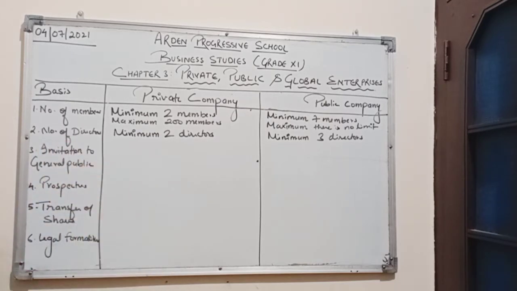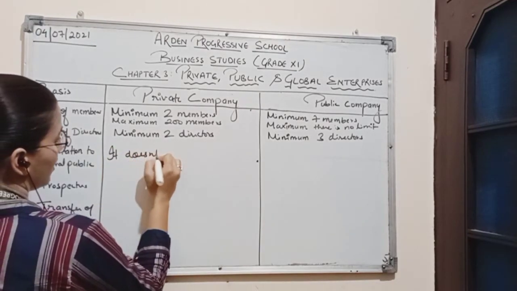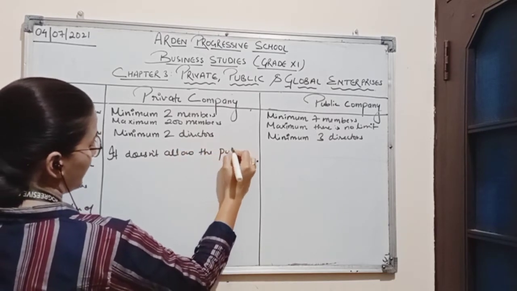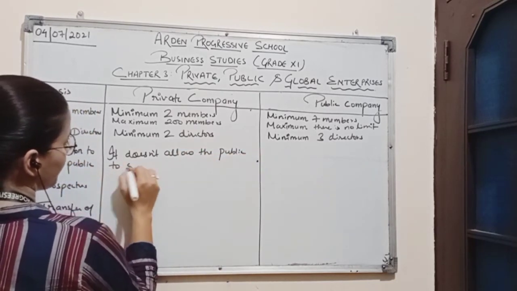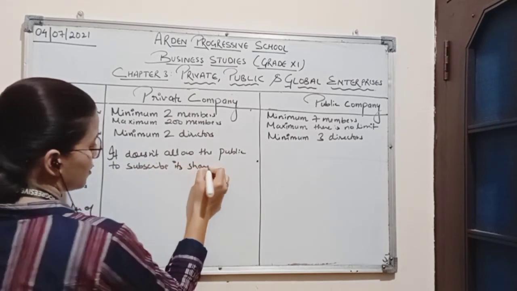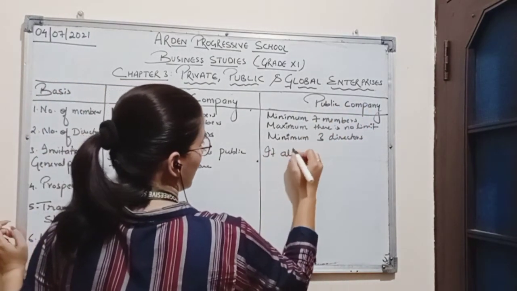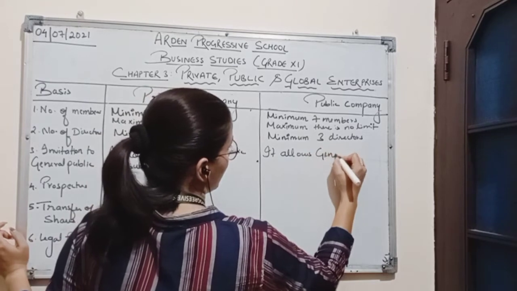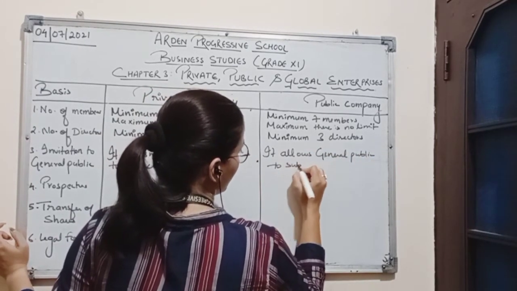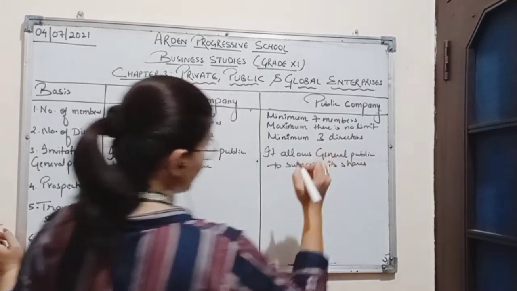Third point of difference is invitation to general public. A private company does not allow the public to subscribe its shares, whereas a public company allows the general public to subscribe its shares.